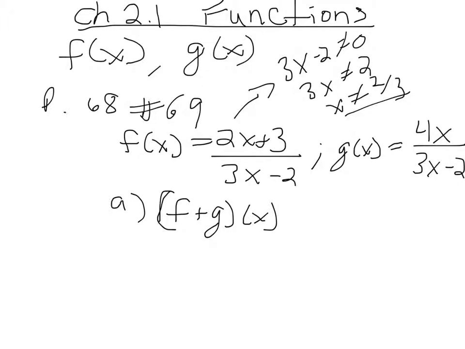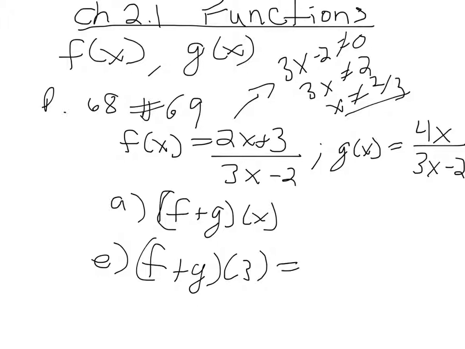Now part E wants you to plug in an actual value, so it'll give you f plus g of 3. What you do here is add the two together, but you also plug in 3. We already got that this equals 6x plus 3 over 3x minus 2.